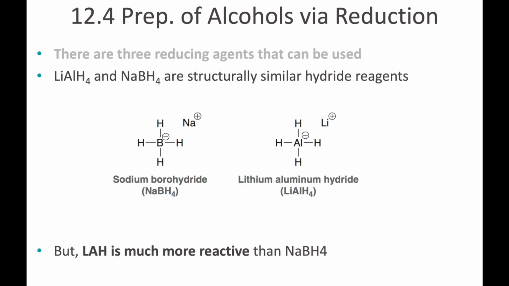Just to compare with sodium borohydride, LAH is super similar. Instead of the boron, we have the aluminum as our coordinating metal. And because aluminum is less electronegative, the hydride is even stronger, even more fully charged with electrons than in sodium borohydride, making LAH much more reactive, which is one of the reasons why we don't add it with water.